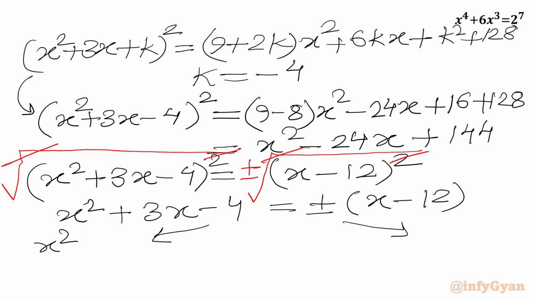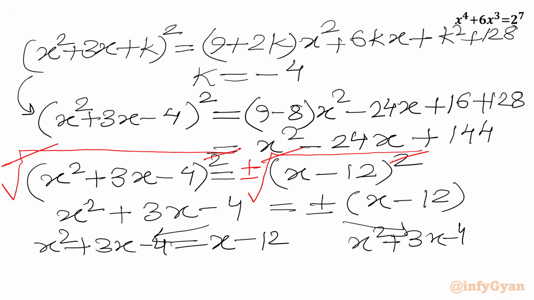We will write x square plus 3x minus 4 equal to, with the plus sign, x minus 12. And the second equation will be x square plus 3x minus 4 equal to minus x plus 12. We'll write all the terms to one side.